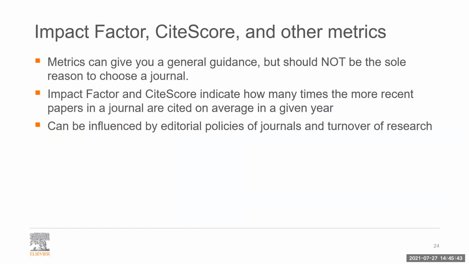Metrics can also help choose a journal. Impact factor is the big one you've probably heard of. CiteScore is Scopus's metric that is somewhat similar to impact factor, attempting to measure the overall impact of a publication. There are a variety of other metrics that you can dig into, and they can help you if you need to compare one journal to another.